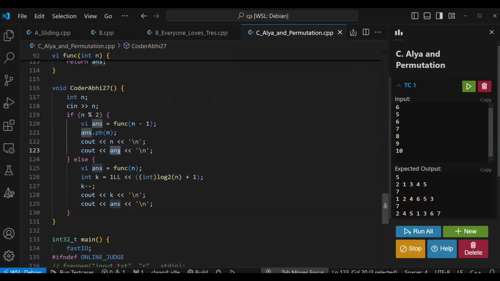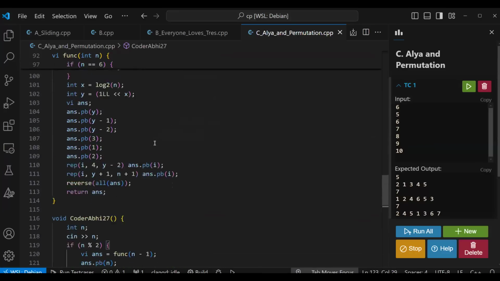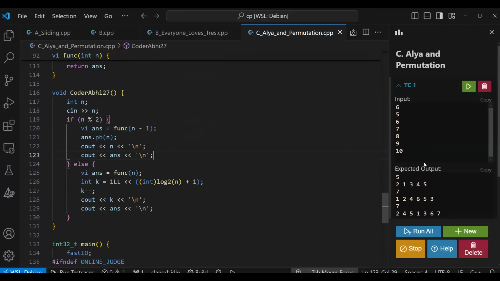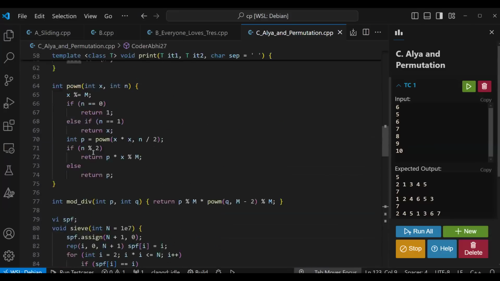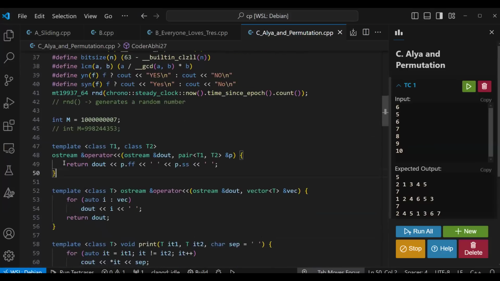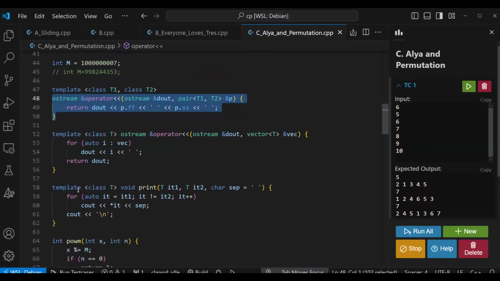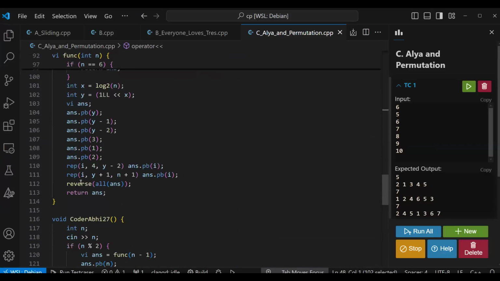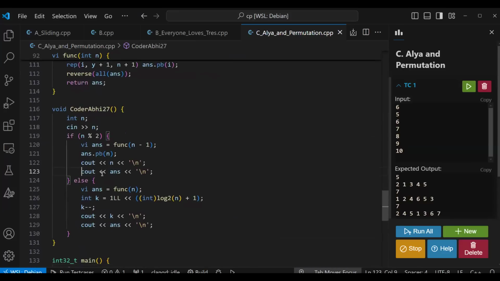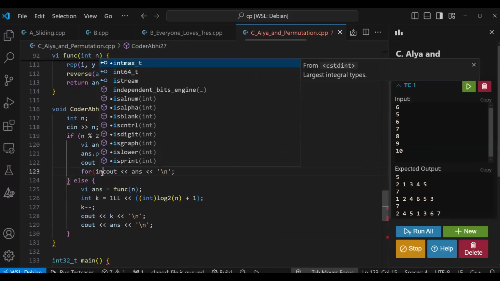Or like I'm doing a direct cout, but this is overloaded above. So actually, I'm printing all the values from my array. I have overloaded that in my template. Whenever you can, write it like this, it would be better. Just run a for loop and print all the values.